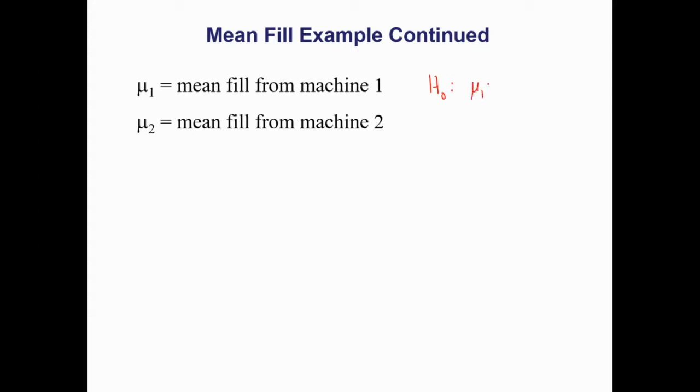H0 is that mu1 equals mu2. What would that mean our alternative would be then? That they're not equal. Now keep in mind the problem claims that they are equal. So this top one is our claim.